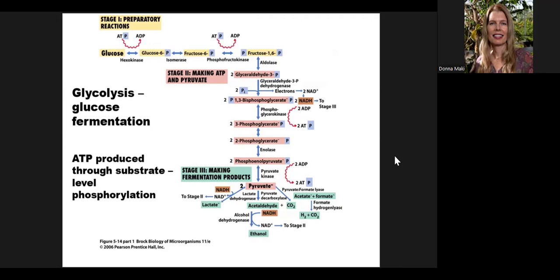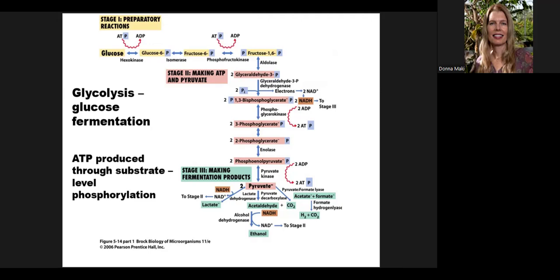So they make 4 ATP here, they use up 2, so they net 2 ATP. Okay, that keeps them alive. But one reason they don't get a huge payoff is that nowhere in here is oxygen a terminal electron acceptor. That's not happening. And you don't have complete breakdown to CO2, so you're not getting as much bang for your buck in that regard either.